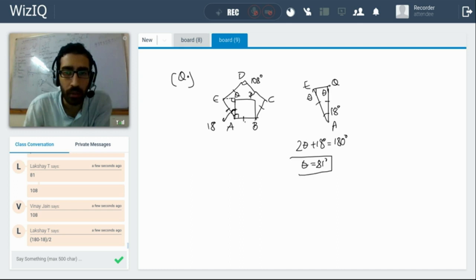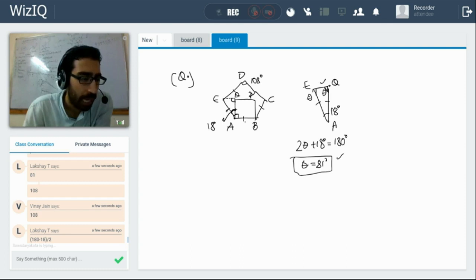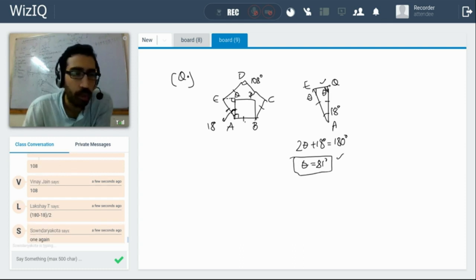That is what you need to calculate, this angle AQE, and your answer has to be 81 degrees. I hope this answers your doubt, Saundarya. Any other doubt, guys? Any other doubt in the last sheet on quadrilaterals and polygons?